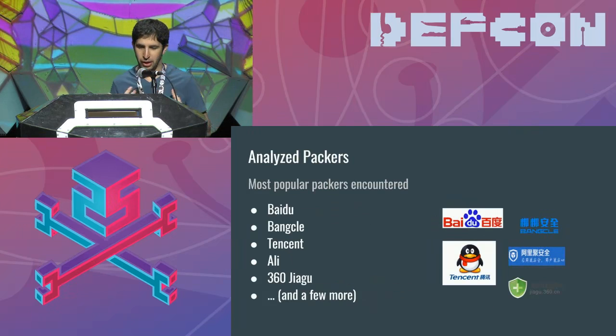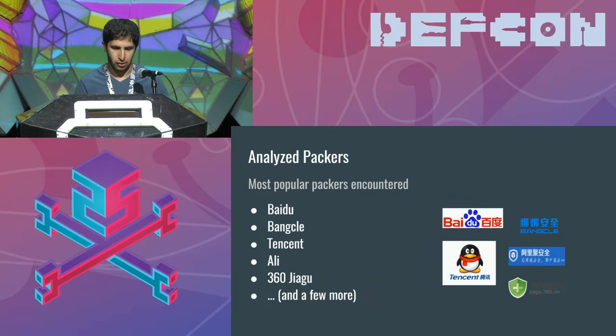So what were the packers that we looked at? The most popular packers encountered were Baidu, Bangcle, Tencent, Ali, and 360 Jiagu. And Baidu is the same huge Chinese company that you know. They also have a packing service. It's a web service: you send an APK and you get the packed version of it.